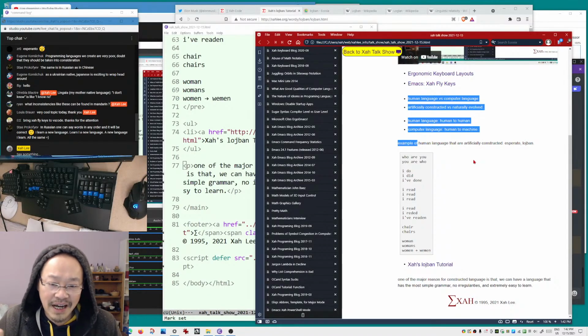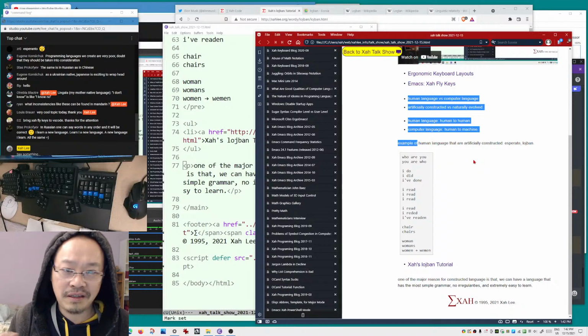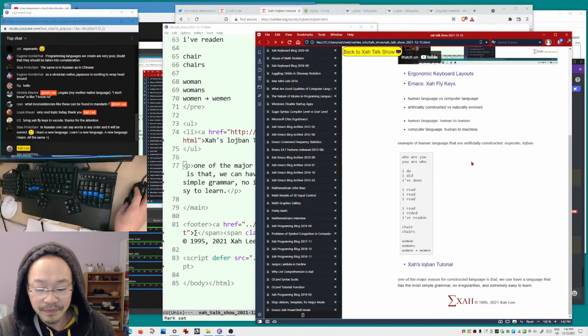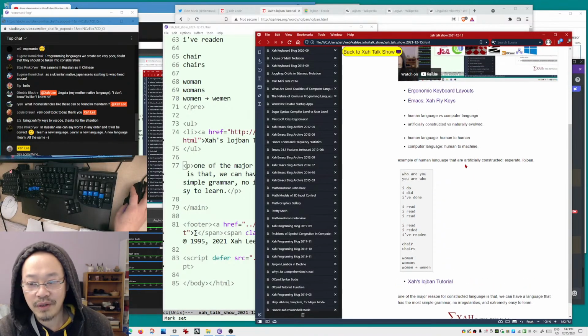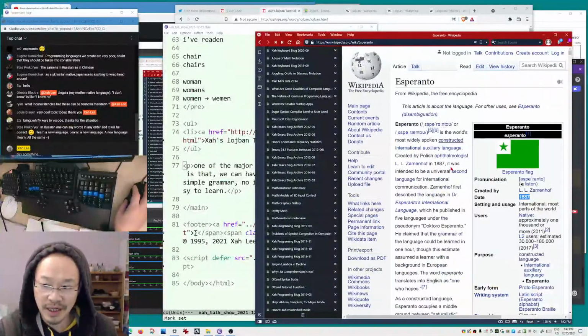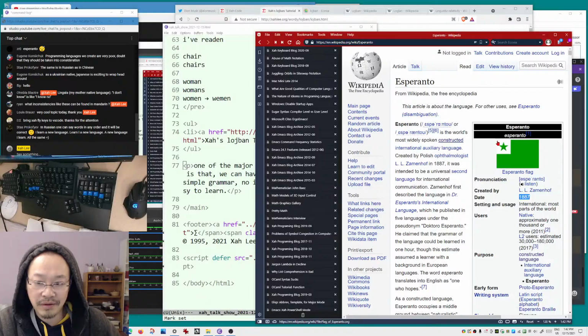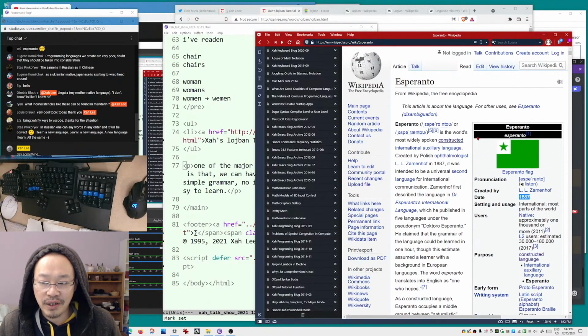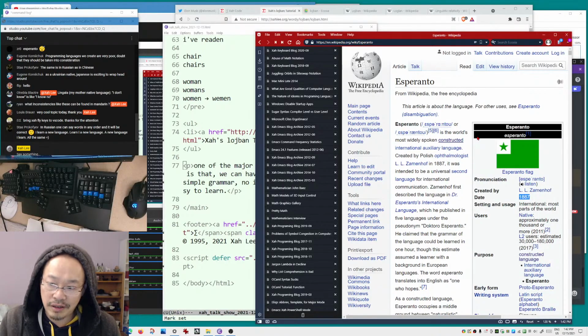That is, it's not tied to any particular group of people's culture. So that's one of the reasons they created constructed languages, especially Esperanto. Well, not Esperanto, actually. Esperanto's vocabulary is actually based on Western languages.